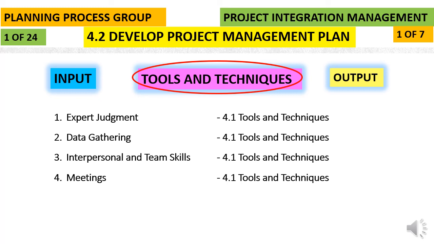So here the kickoff meeting takes place with processes in the executing process group. Multi-phase projects will typically include a kickoff meeting at the beginning of each phase. So if you have different phases of the project, then you have individual phases with a kickoff meeting.